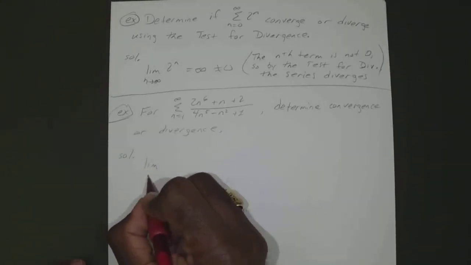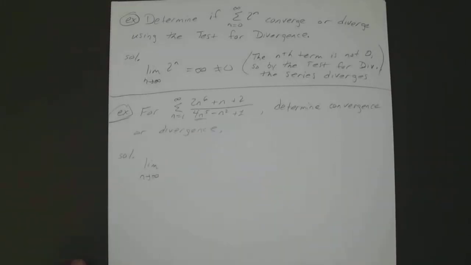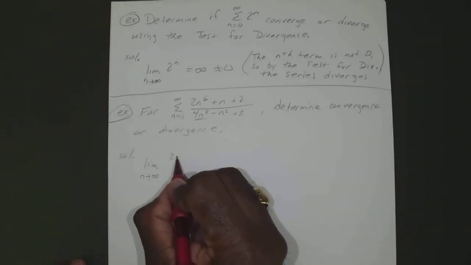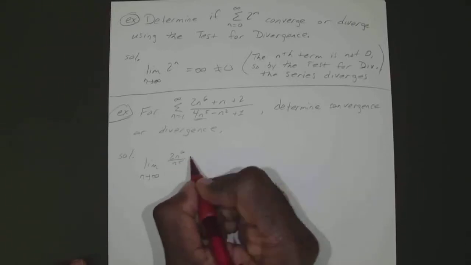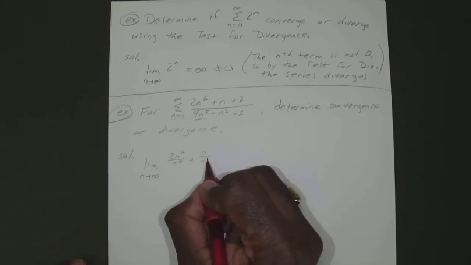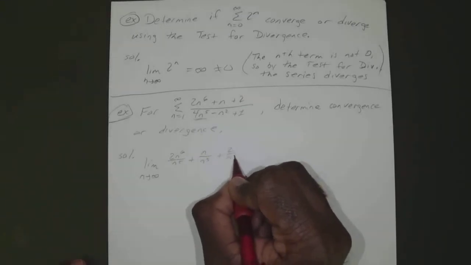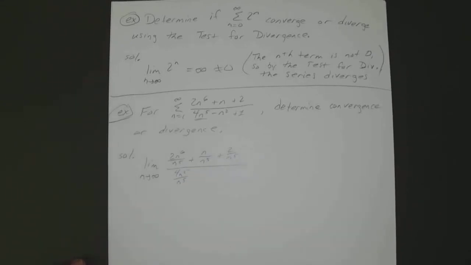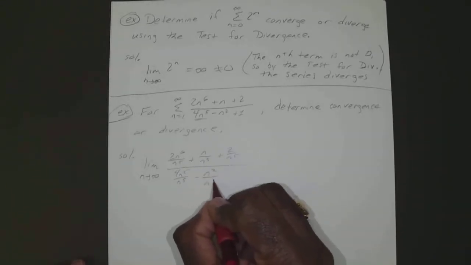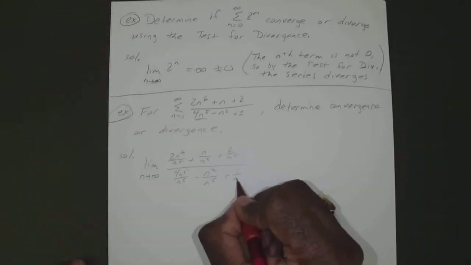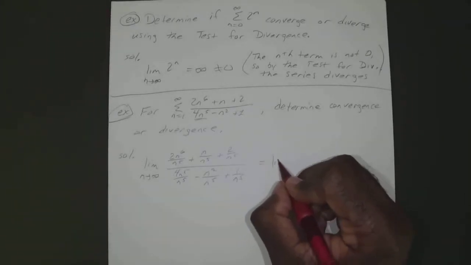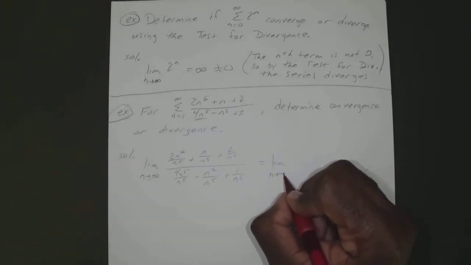Okay, so if we just take the limit as n approaches infinity and divide each of the terms by n to the 5th power, you have 2n to the 6th divided by n to the 5th plus n over n to the 5th plus 2 over n to the 5th, divided by 4n to the 5th over n to the 5th minus n squared over n to the 5th plus 1 over n to the 5th, which gives us the limit as n approaches infinity.